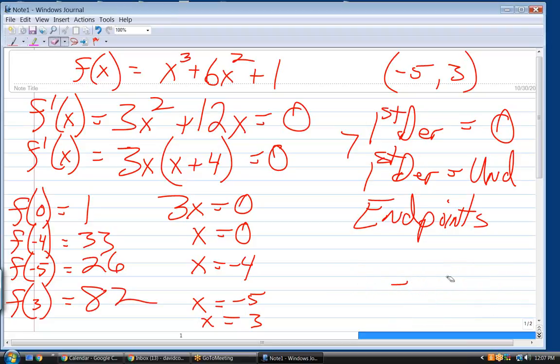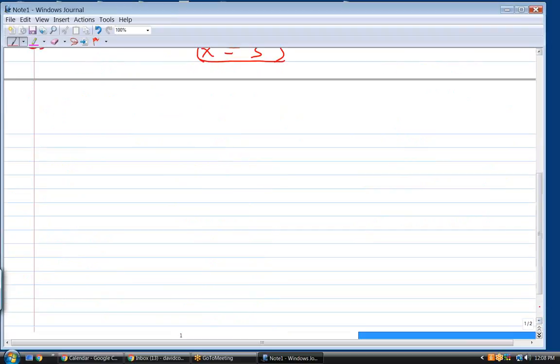The original question was, what's the minimum and what's the maximum on that interval? What's the minimum? It's at x equals 0. What's the maximum? At x equals 3. Correct. You notice the minimum does occur where the first derivative equals 0, but the maximum occurs at an endpoint.